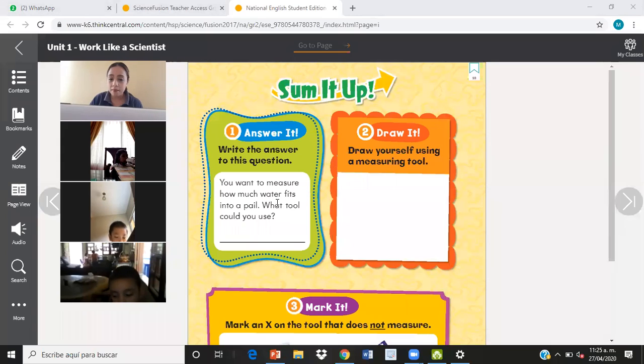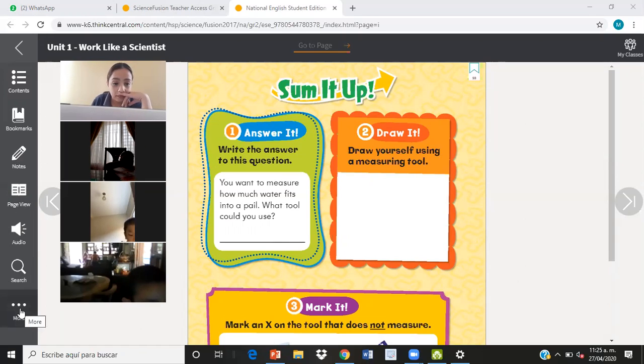Water. ¿Cómo se llamaba la taza medidora? It's called a measuring cup. So the answer for number 1 is measuring cup. Number 1, you have to write the answer measuring cup.